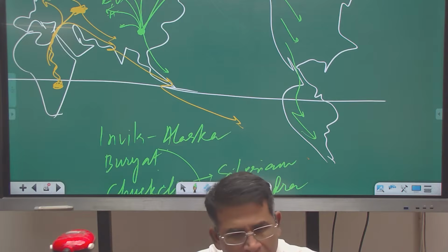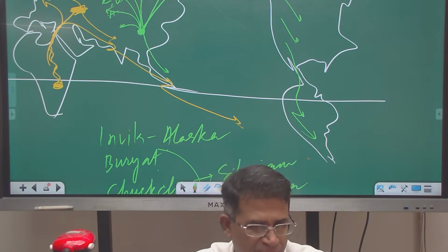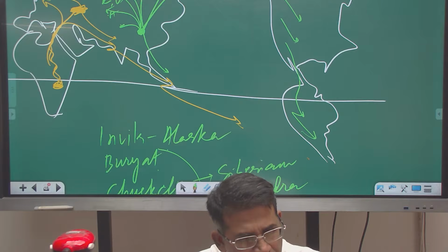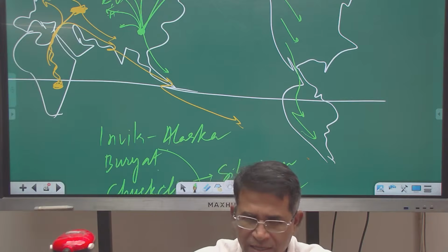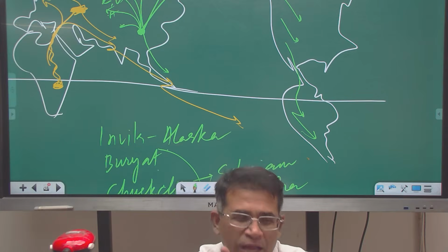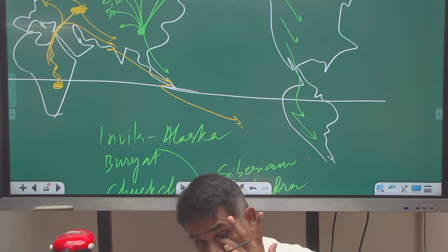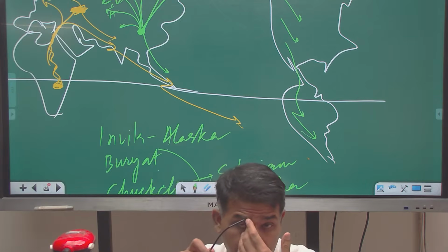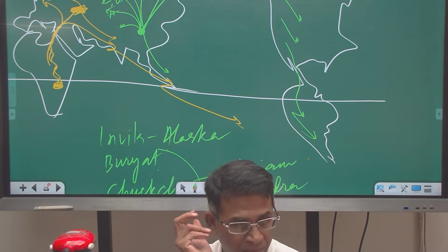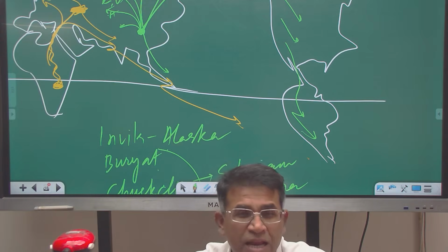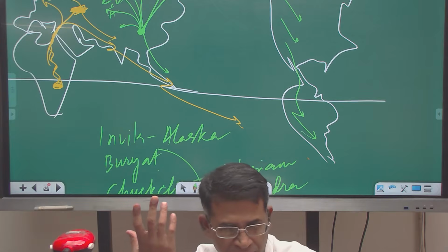Number 2. The passages of migration. Okay, such as the routes through Caucasus, the routes towards South Asia, and the routes that linked Asia with Americas.